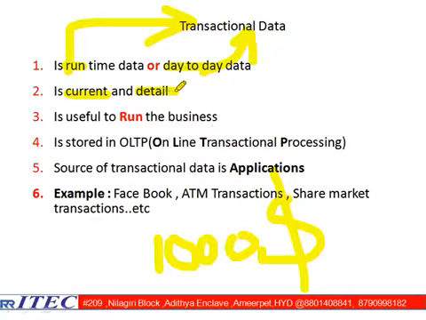Next, it is very detailed in nature. Why is it detailed? Why is it required? Suppose one fine day you went to a bank and said, yesterday I withdrew $10,000 from your ATM. Unfortunately, all these $10,000 are fake currency. Could you please give the correct currency?